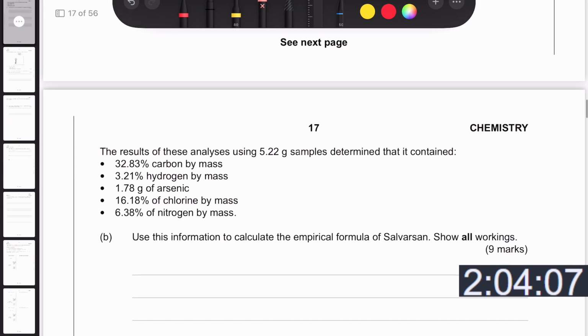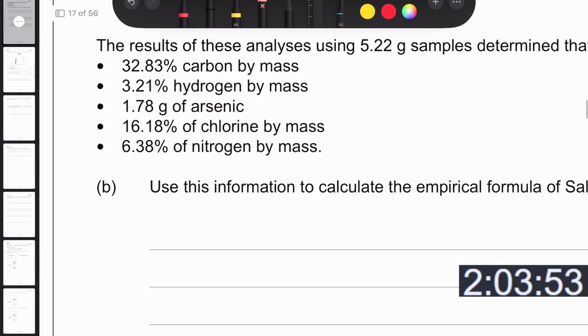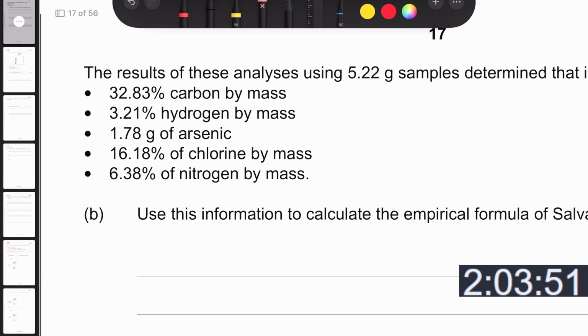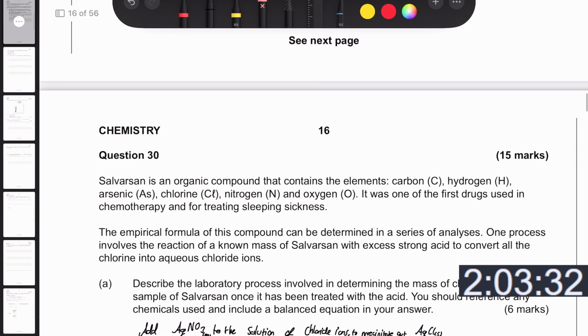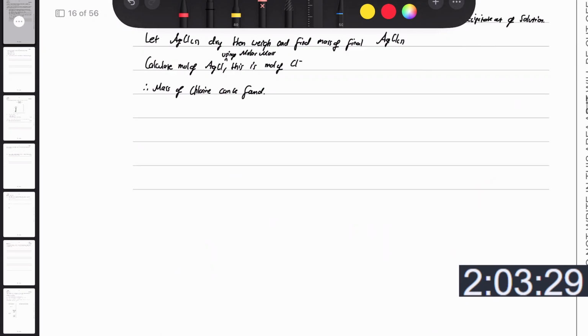Okay. The results of these 5.22 gram samples determined they contained by mass... okay, use this information to calculate the empirical formula of Salvarsan showing all workings. So 32% carbon by mass. Let's do that. So what does it have? Carbon, hydrogen, arsenic, chlorine, nitrogen, oxygen.